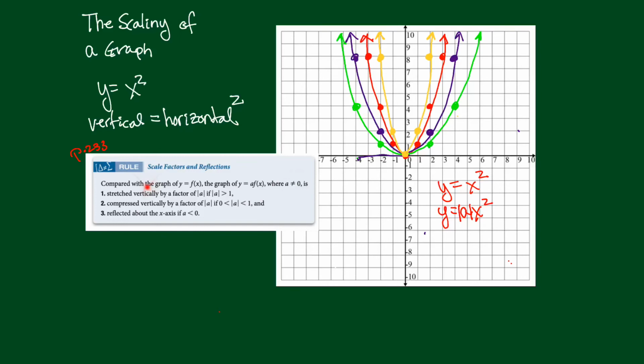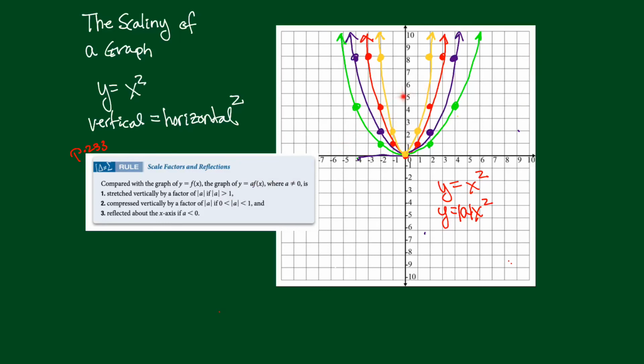So compared with the basic graph, the graph of a multiplier times f is, number 1 says this, you get a stretch. Now a stretch vertically means you go up. That was like our, whatever color that is. So you stretch vertically if the absolute value of a, that means the number you're looking at is positive, if your multiplier is positive and bigger than 1, then you're going to stretch it upward.